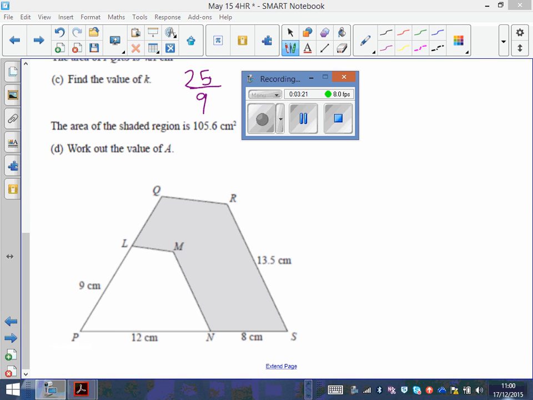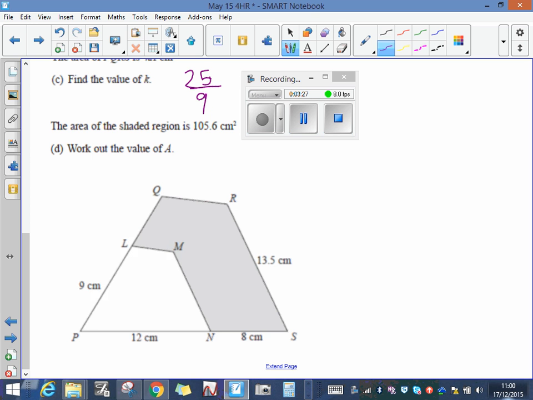Okay, let's look at what they're now telling us. First of all, the value of A, well, A, remember, was the area of this quadrilateral here. So that is A, the area of PLMN. Now we are told that this area here, the shaded area, is 105.6. And we also know that the area scale factor is 25 over 9.